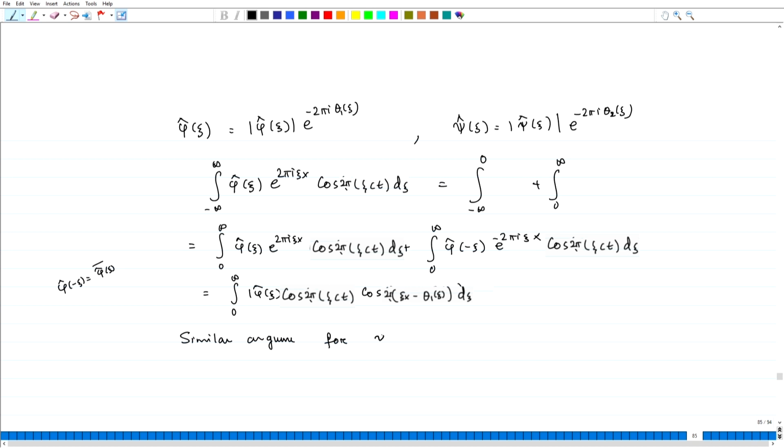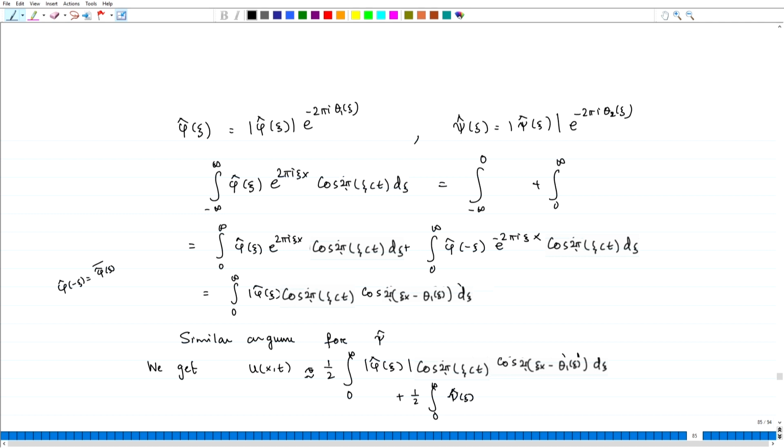for psi hat we get u of x t equal to 1 by 2, or some constant times, integral of mod of phi hat of xi cos 2 pi xi c t, then this is cos of 2 pi xi x minus theta 1 of xi d xi, plus 1 by 2, maybe a factor, 0 to infinity mod of psi hat of xi and then sin 2 pi xi c t, and then this is cos of 2 pi xi x minus theta 2 of xi, divided by some factor of pi xi c, d xi.